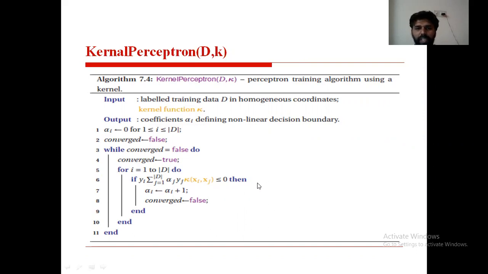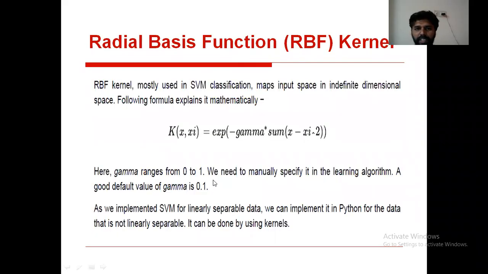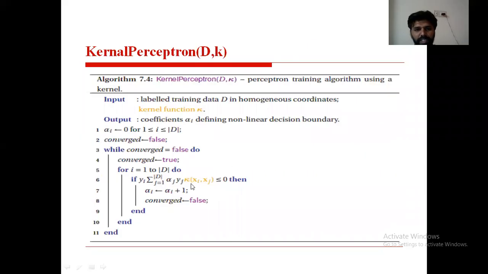Then we are calculating the kernel. Which function are we using here? Kernel of xi comma xj. We already discussed the equation kernel of xi comma xj. Instead of xi and xj, here we are using x comma xi. This is the general formula, but here we are using the specific formula xi and xj.